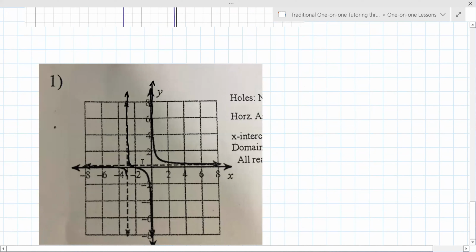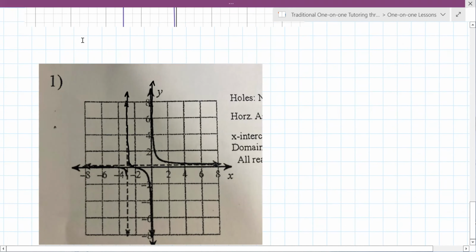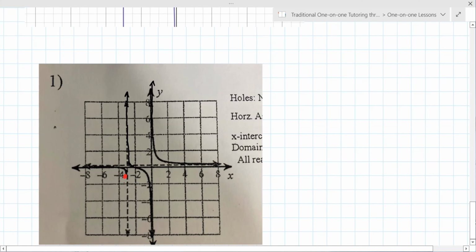I mentioned a few times it cannot cross the horizontal and vertical asymptotes. That's only true on the extremes. Here's another example. I'll put a red dot there. It looks like this one stops there, but it actually goes down forever. It's just that the resolution of this printout is not very good.